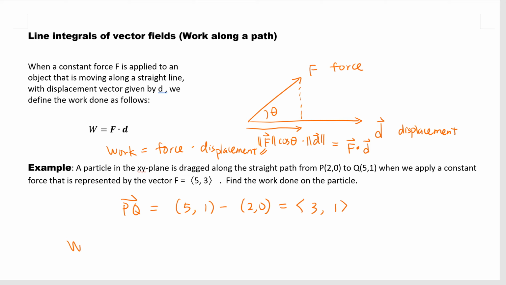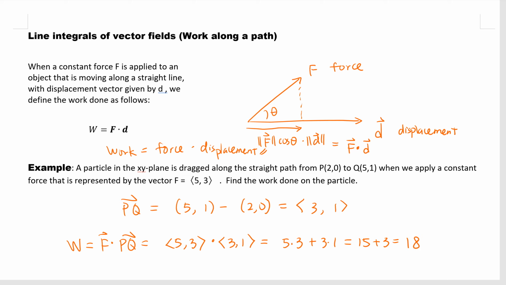Then the work done is F dot PQ, (5,3) dot (3,1). We multiply each coordinate respectively and add them up: 5 times 3 plus 3 times 1. 5 times 3 is 15, 3 times 1 is 3, so the answer is 18, right?